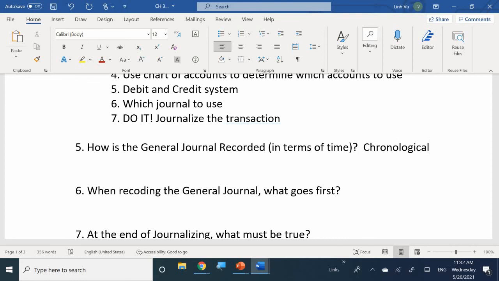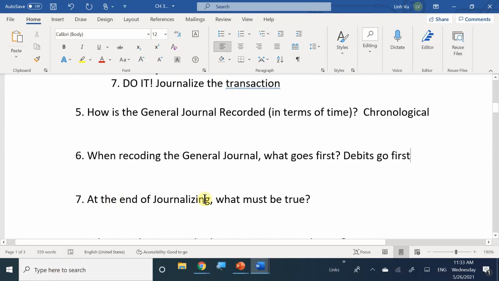There you go. Very good. Number 6. When recording the general journal, what goes first? Your debits, yes. Your debits go first. Good.